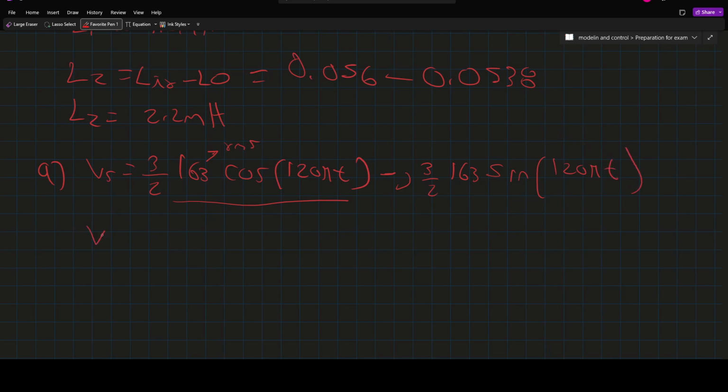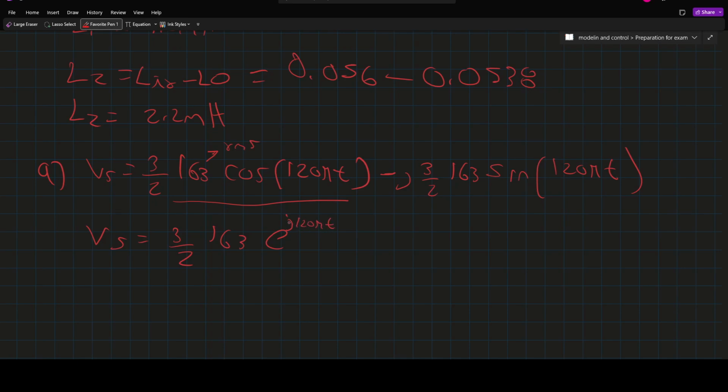So we can factor out our 3 halves 163, and it's going to give us cos 120 pi t minus j sine 120 pi t. So this is just e to the j omega t, 120 pi t.